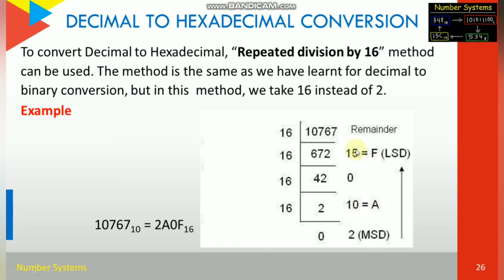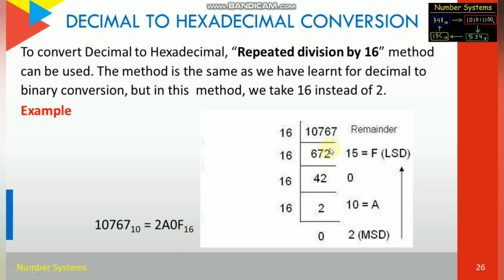We already said that in hexadecimal you have only numbers from 0 to 9, and instead of 10 you will have A, instead of 11 you will have B, 12 C, 13 D, 14 E, and 15 is F. Here the remainder is 10, so I should convert this 10 as A. So 2 A 0, and here it is 15, which is represented as F in hexadecimal.